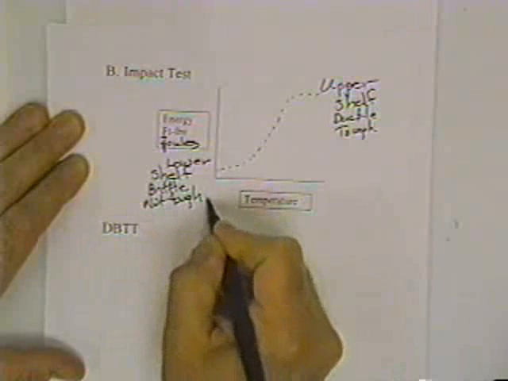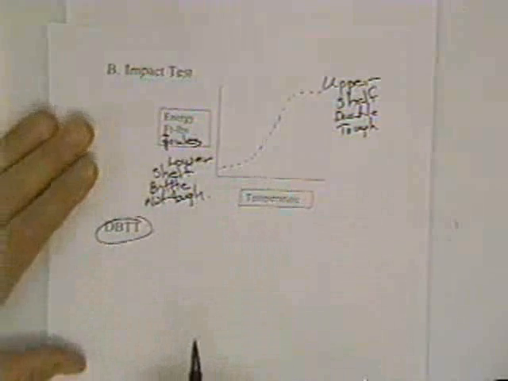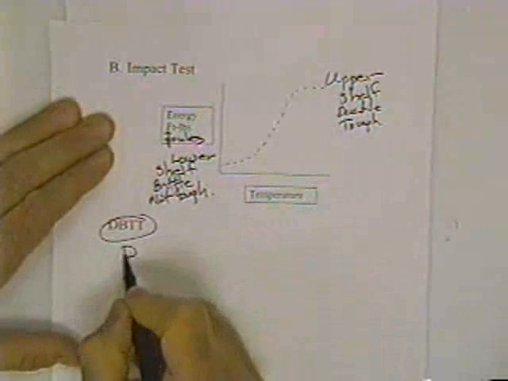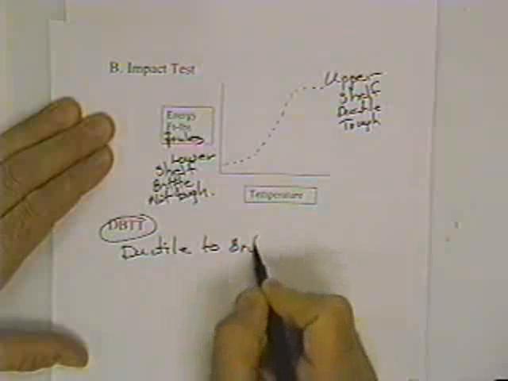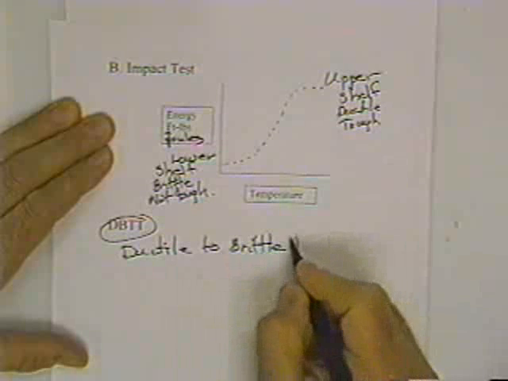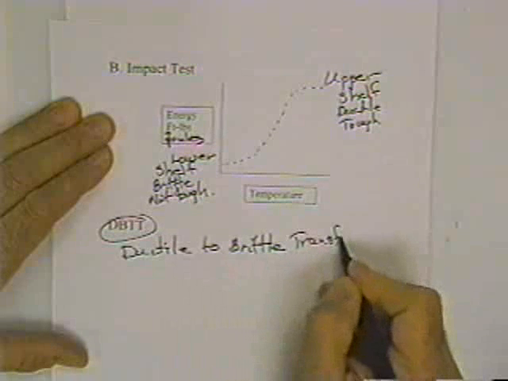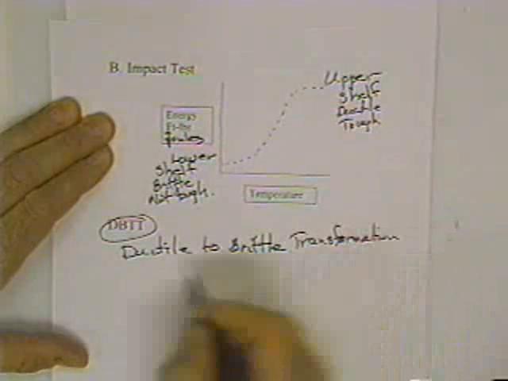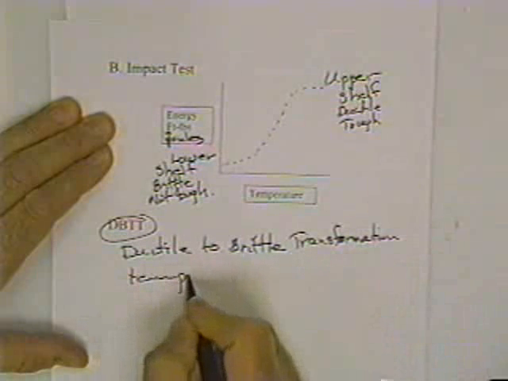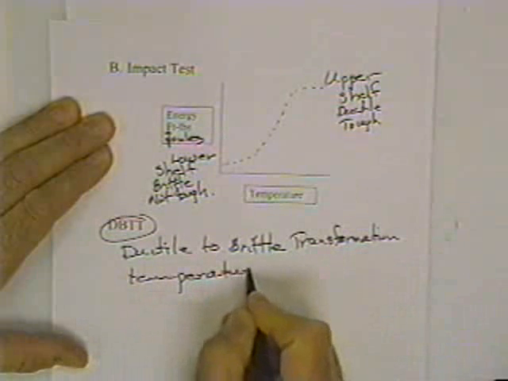And people use this test to determine the DBTT. That's the ductile to brittle transformation temperature.